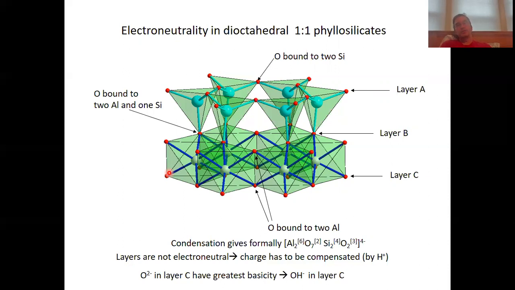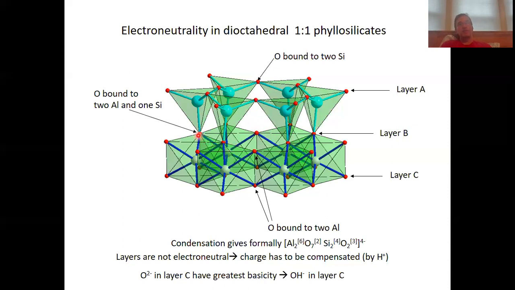Okay, so let us look at the coordination number of these oxygens more closely. You can see that in layer A, all the oxygens are bound to 2 silicons. But now you see that in layer B, we have 2 types of oxygens. We have these ones here, which are bridging 2 aluminums.